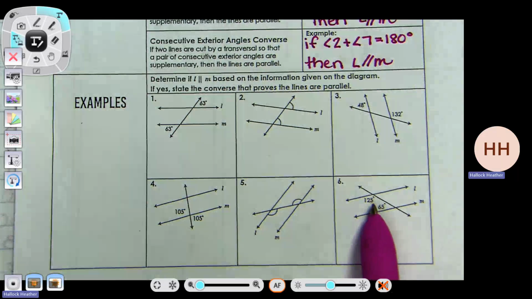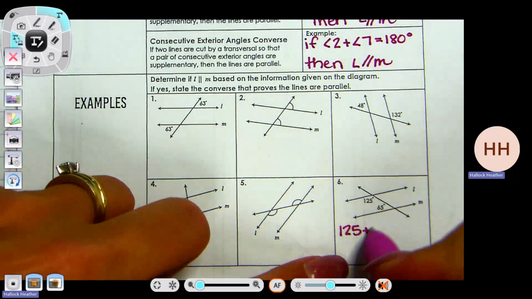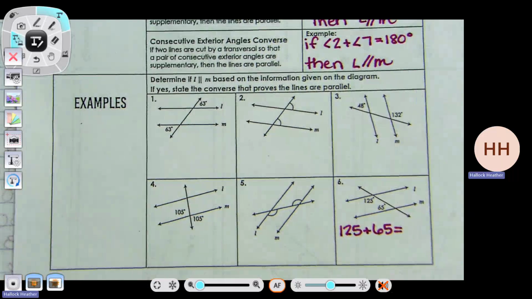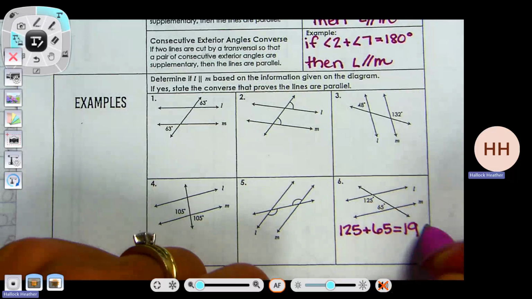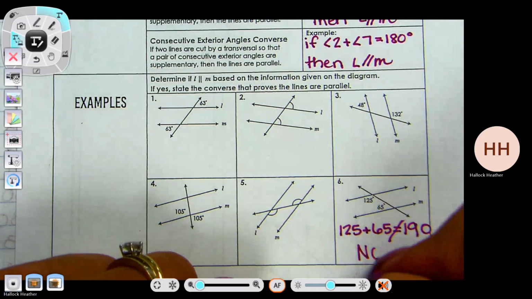Now, to prove that the lines are parallel, we need to know they add to make 180. Does 125 plus 65 make 180? No, it does not. How much does it make? 190. That is not 180. So we cannot say that L is parallel to M. So we're going to say no.